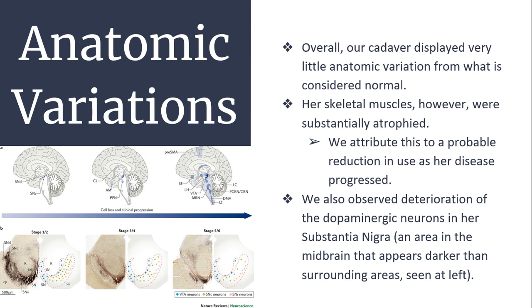So we attribute this loss of muscle mass and just overall low skeletal muscle to be a probable cause of her death, because muscle mass is a great indicator of that. And we also observed deterioration of the dopaminergic neurons in her substantia nigra, as I was talking about earlier with this black pigment.